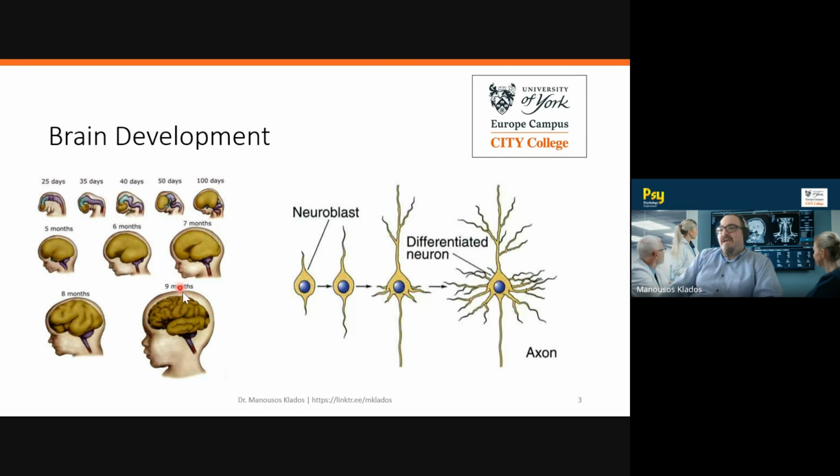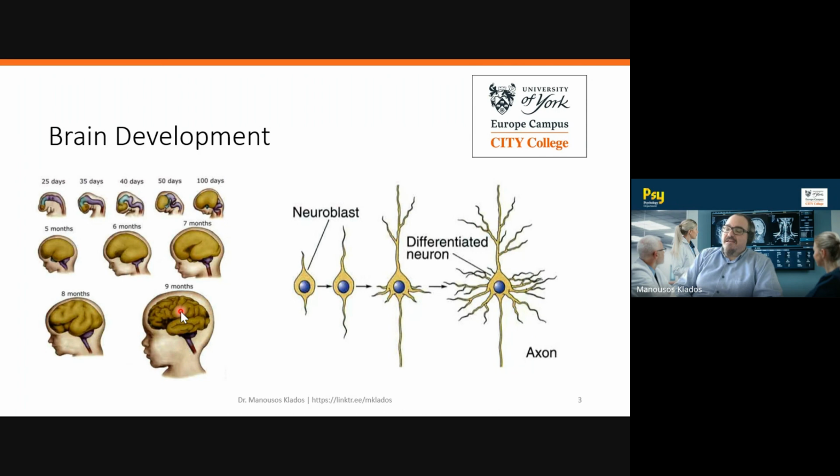Up here is the 8 months before birth, and here it's the 9 months. As you can see, in 1 month, the brain has mostly developed the sulci and the gyri.